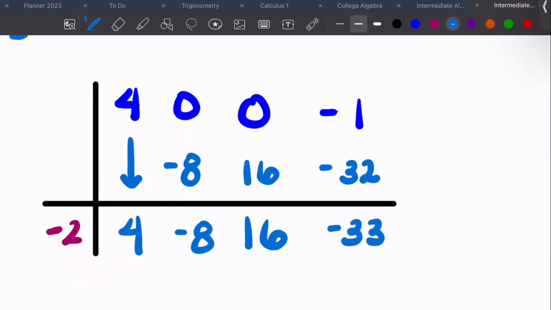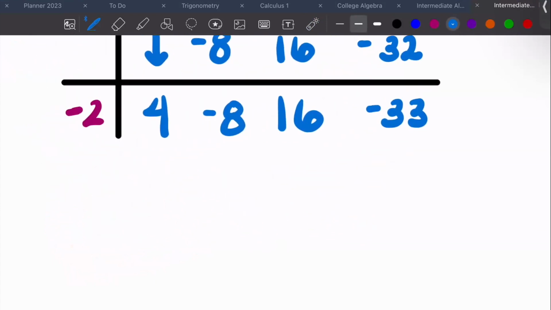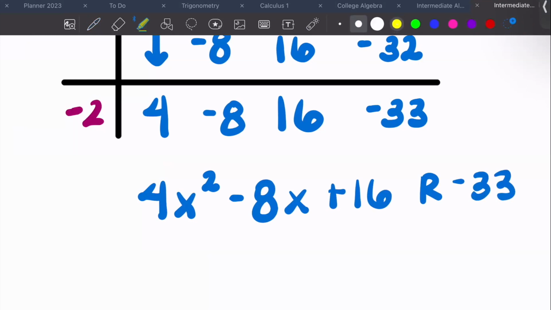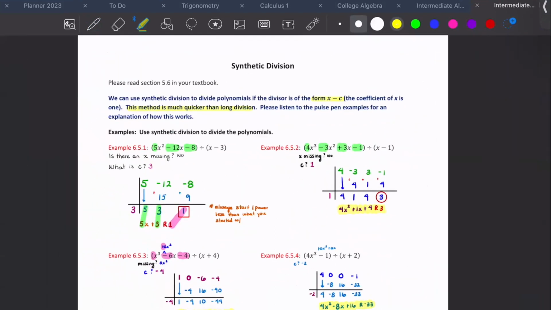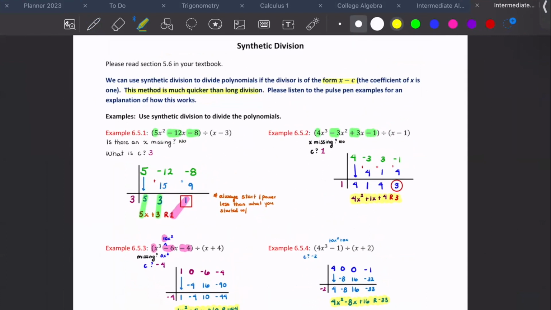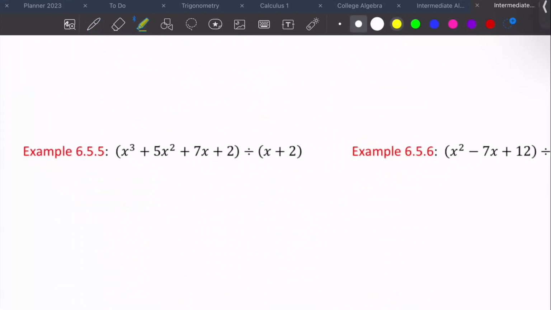We started with x cubed, so our answer will start with x squared. And we'll go down from there. Our last number should always be our remainder. As you can tell, synthetic division is much, much simpler than long division, right? We have 2 more.